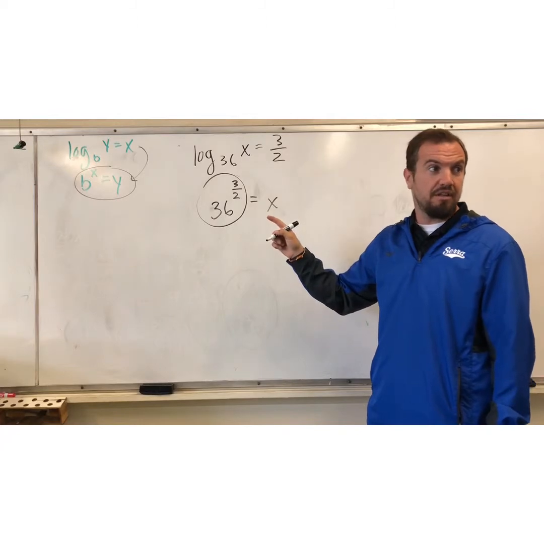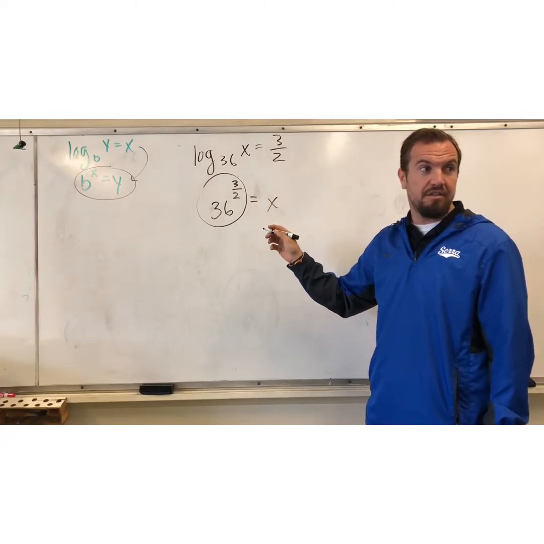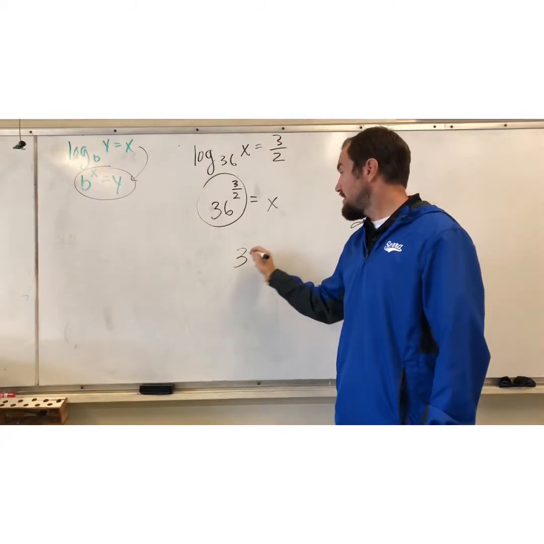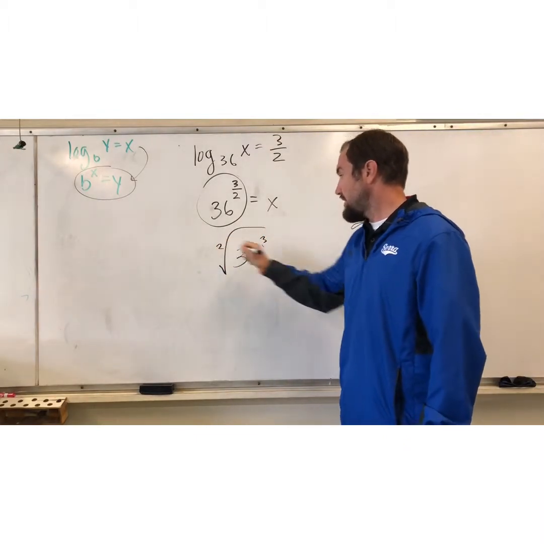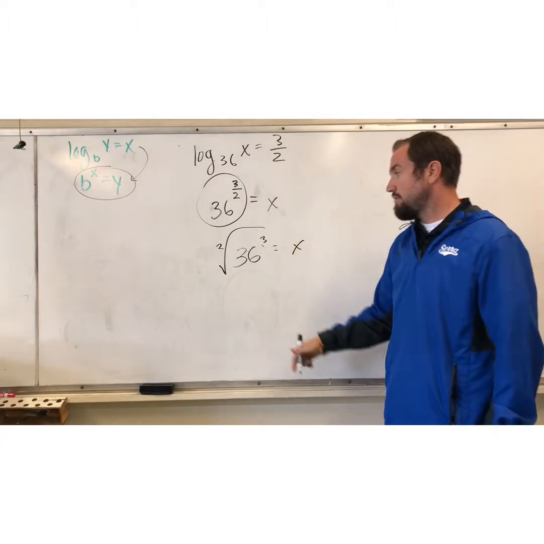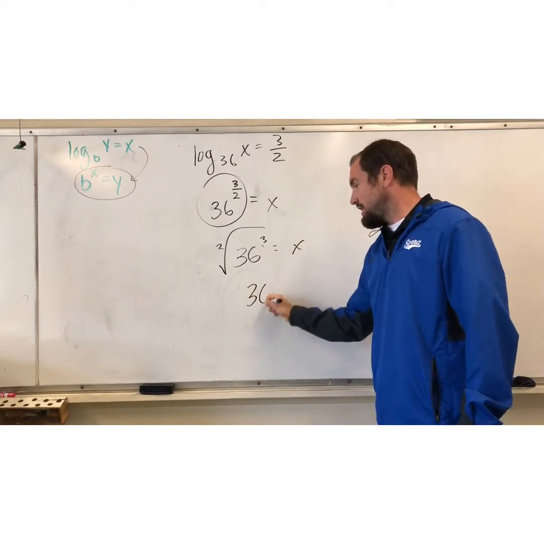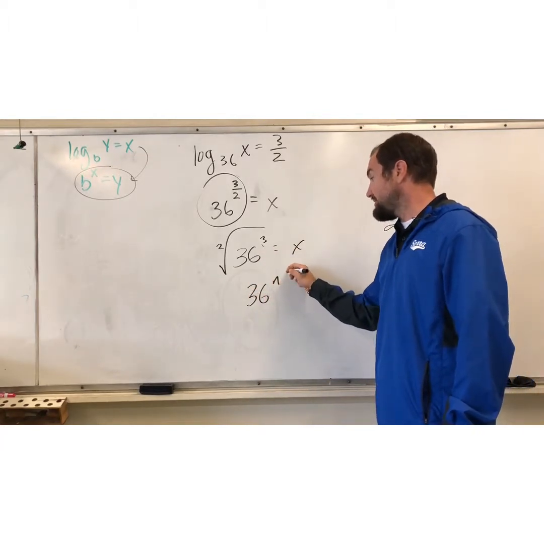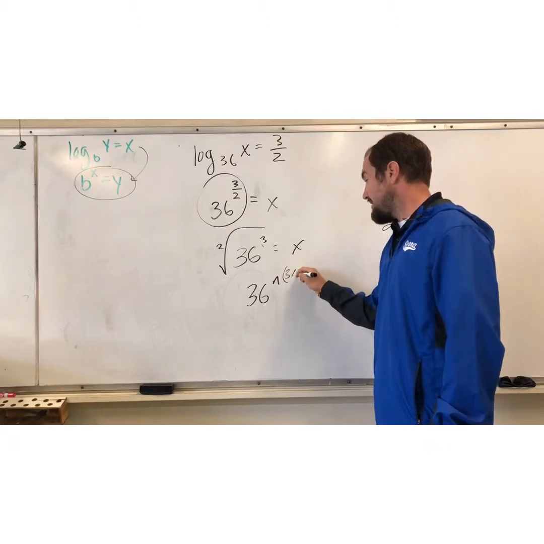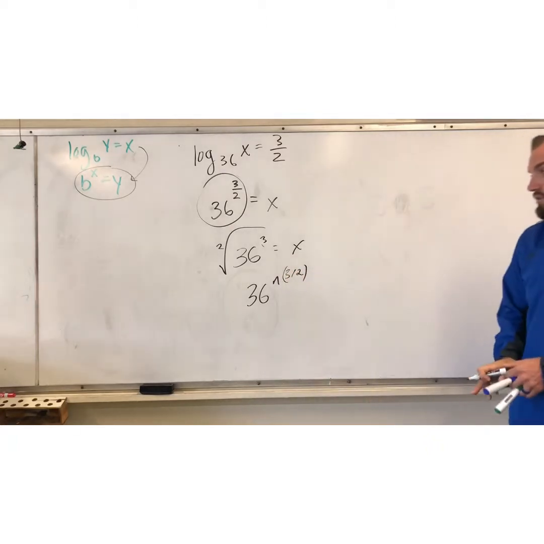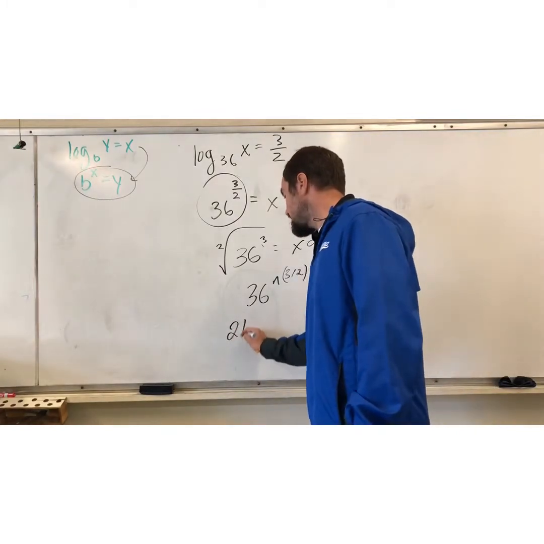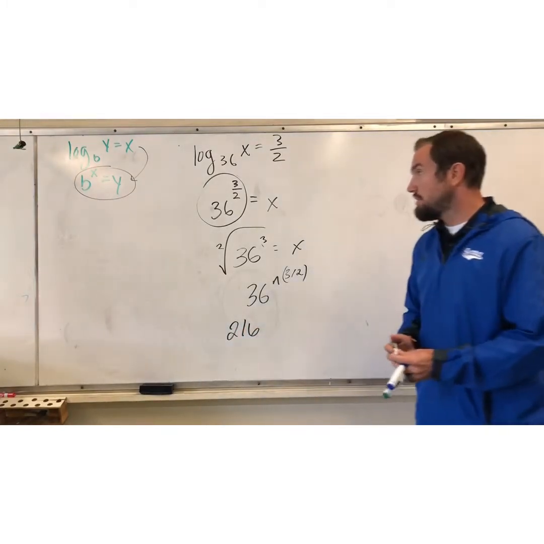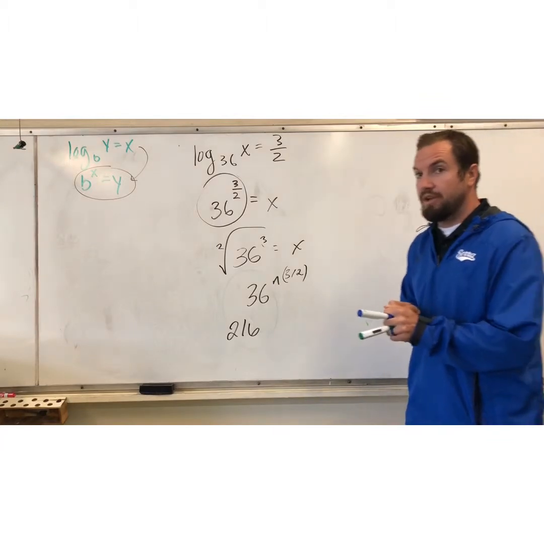Yeah, 36 to the third power and the square root of that. You can do that many different ways. In a calculator, caret 3/2 will also work. And you said 216. That was the easier one. It's the layup. Good way to finish.